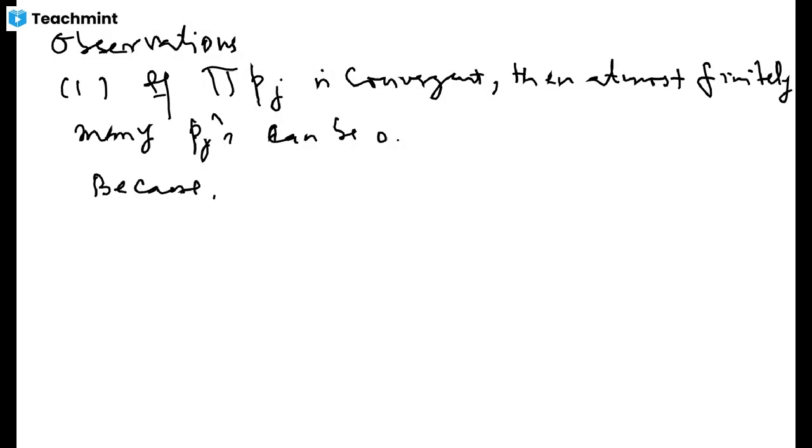When you say that this product is convergent, that means the sequence of these Pj's converges to 1 as j tends to infinity.